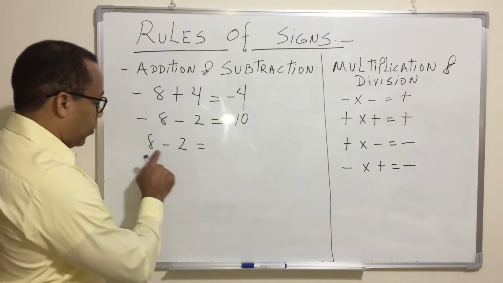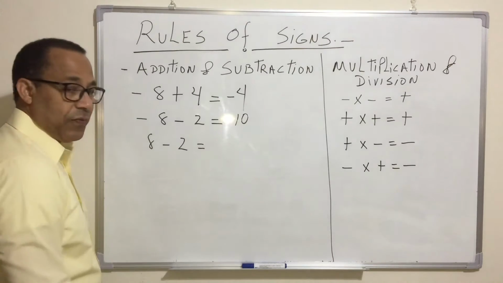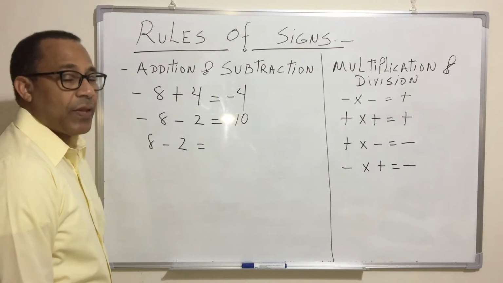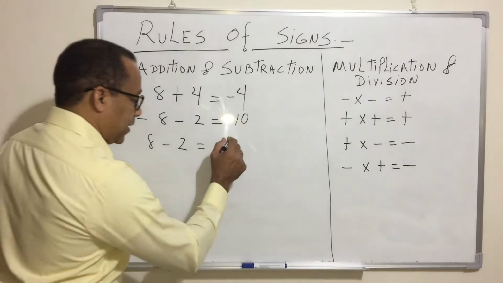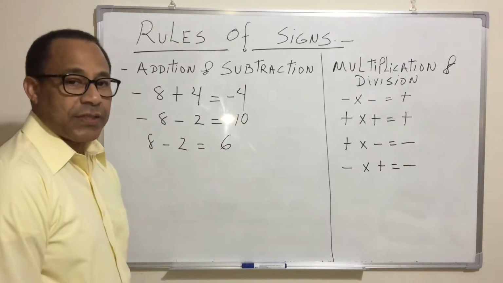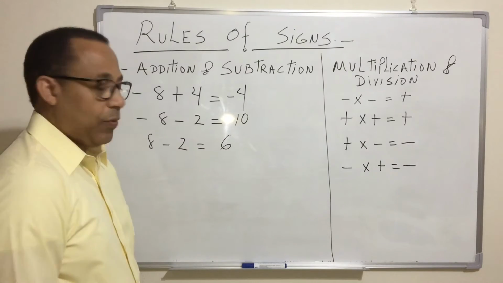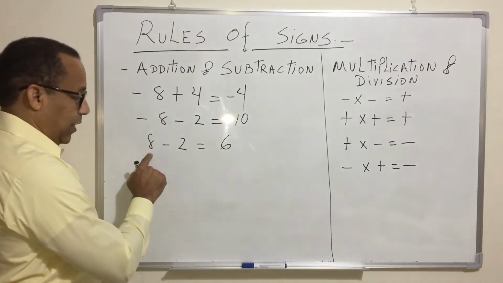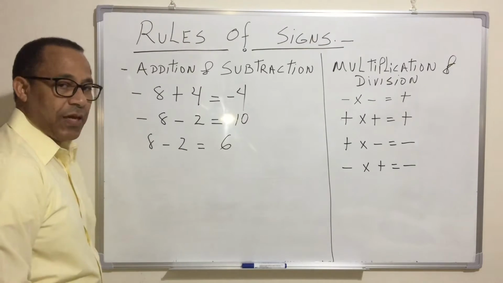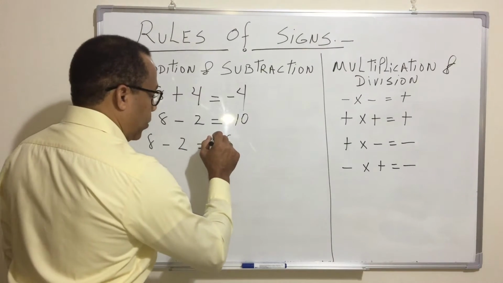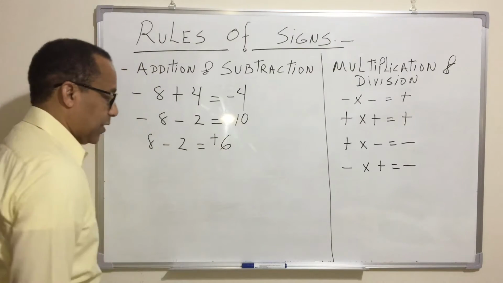So in this case also, the two signs are different. What do we do? Yes, we subtract the numbers. 8 minus 2 is 6. And we copy the sign of the greatest. Which one is greater? 8 is greater than 2, and 8 has a positive sign, so the result will be positive 6.